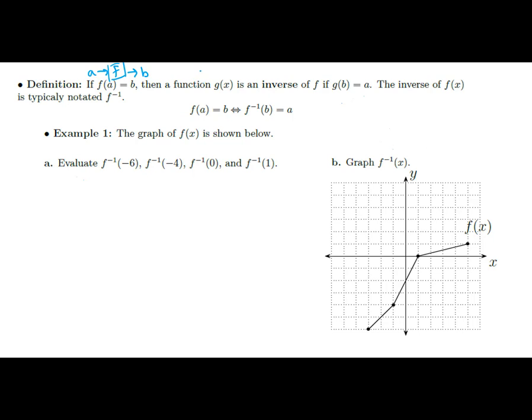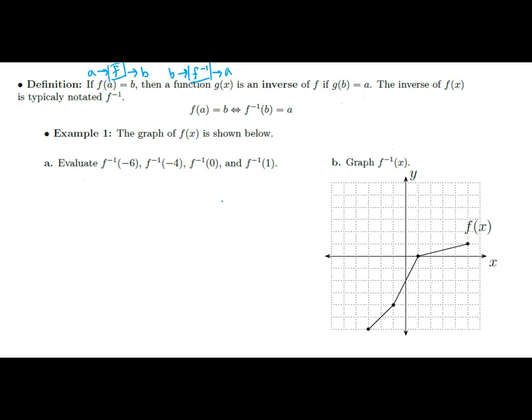So the inverse, which we'll denote like this, f with a little -1, means f inverse, takes in b and spits out a. And so notationally, it says if f of a equals b, then f inverse of b is equal to a. So think of it like the undo button in a word processing document. It just takes you back to where you started.